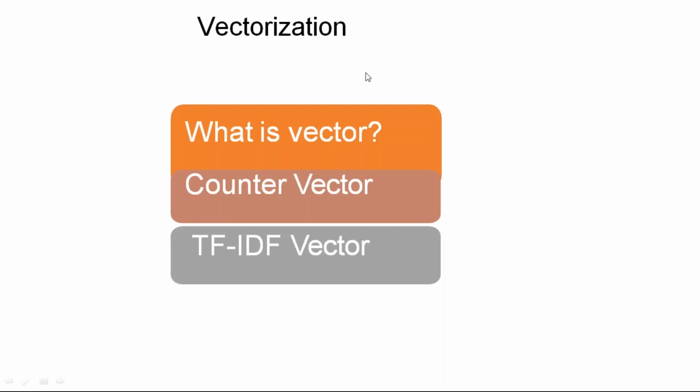What does vectorization mean? We consider each word as either 0 or 1; if it is present, it is replaced with 1, similar to one-hot encoding. If we do one-hot encoding, the length of the vector may increase gradually.